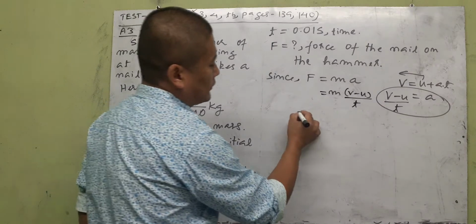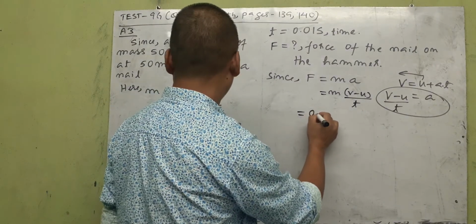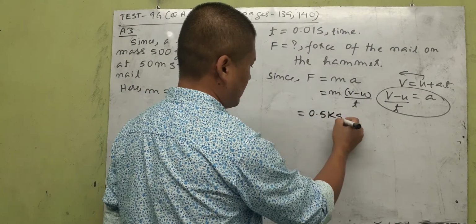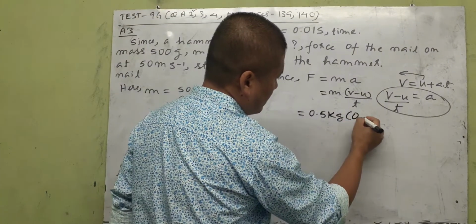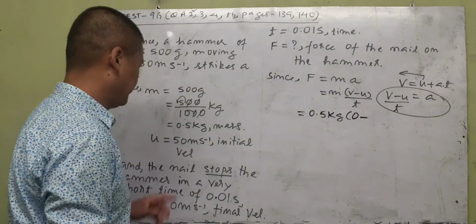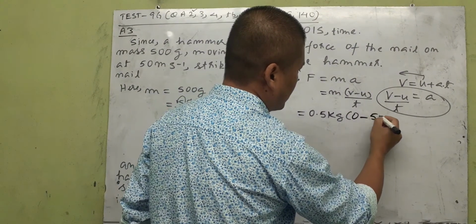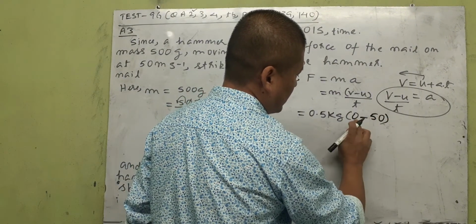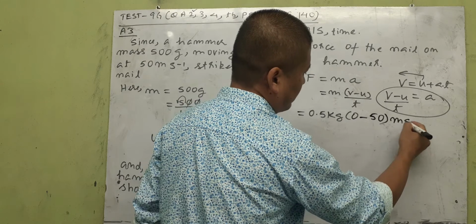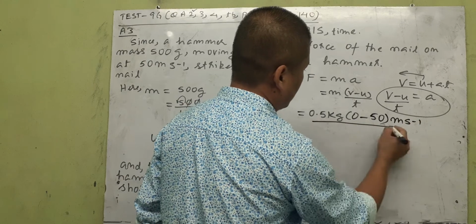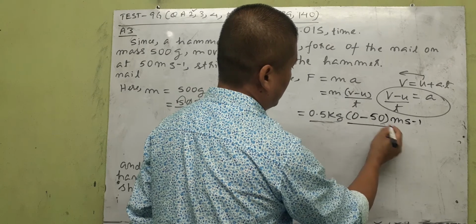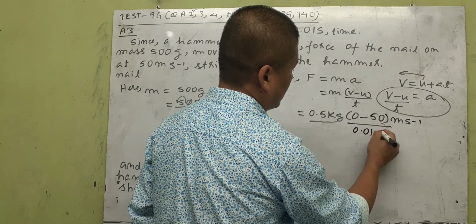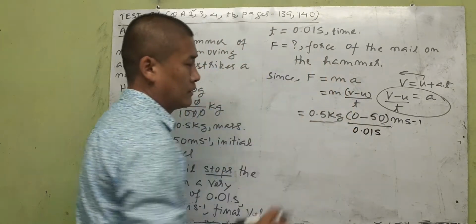We know that. So here m is 0.5 kg, everything is in SI unit, then v is here 0 meter per second, and u is 50, so minus 50, and then meter per second can come out common factor and divided by, or you can put it here like you have done in the previous, divided by 0.01 second is t here, as you can see.